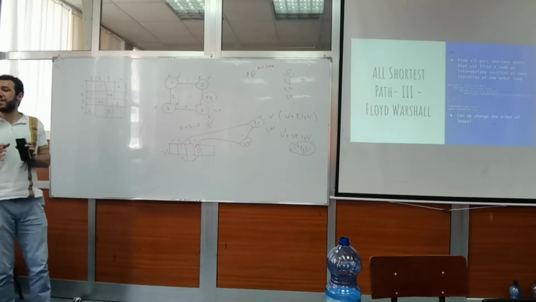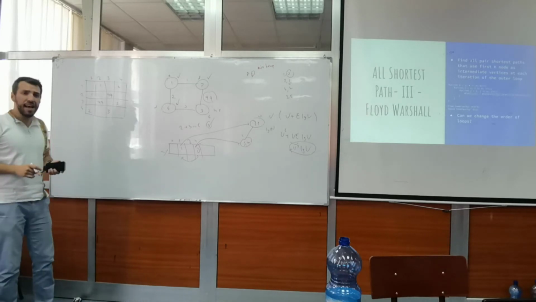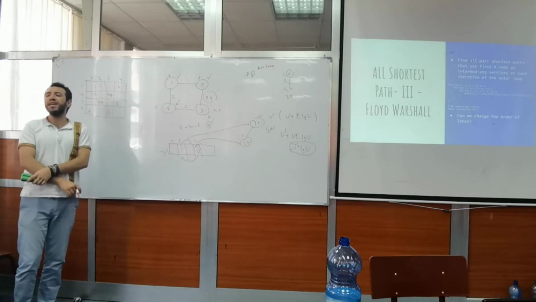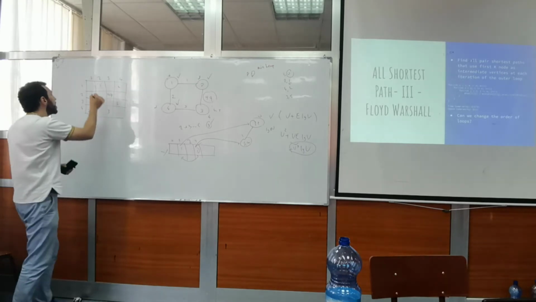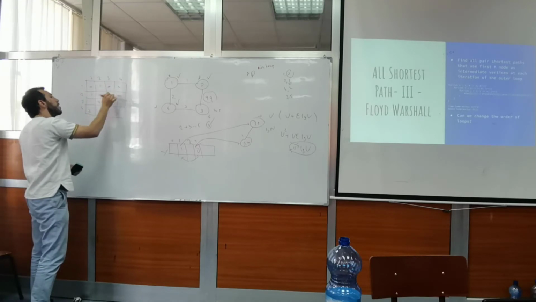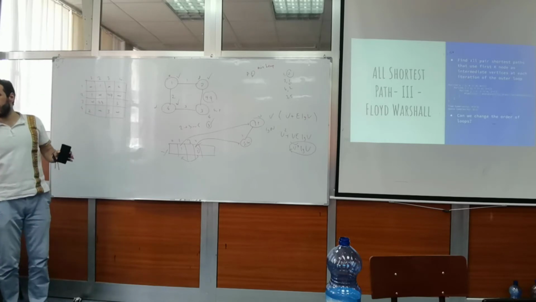So this is the initial knowledge that I have. Conceptually, first I am considering 1 as the intermediate node, and the others are infinity. This is what I know at the beginning.